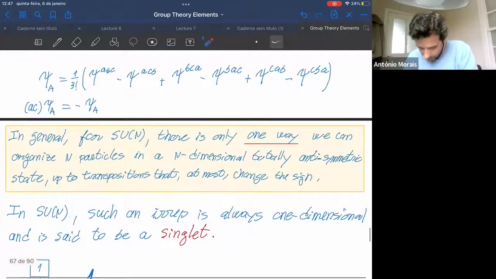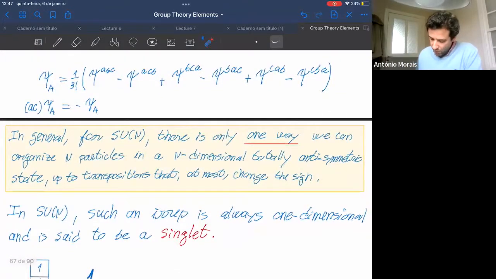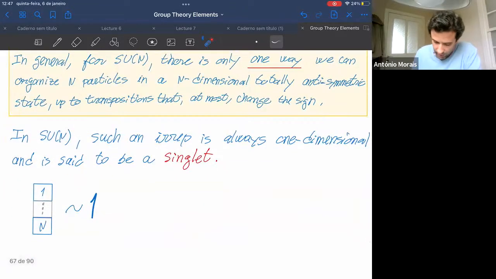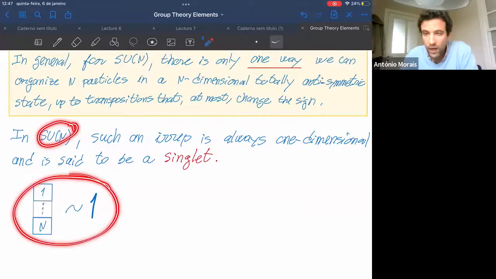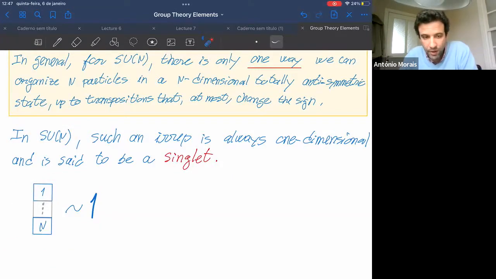So in SU(N), such a rep is always one-dimensional and is said to be a singlet. So in general, for SU(N) groups, a column with n entries is a singlet, always.